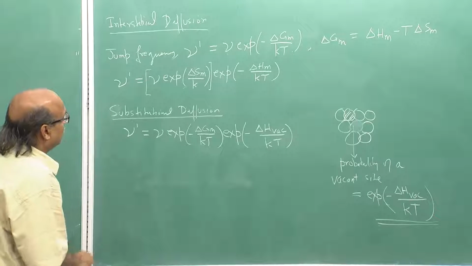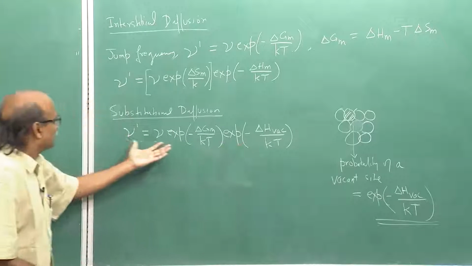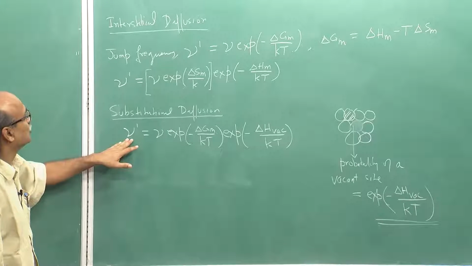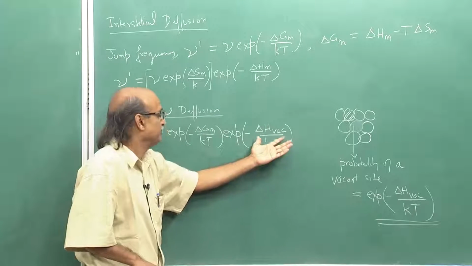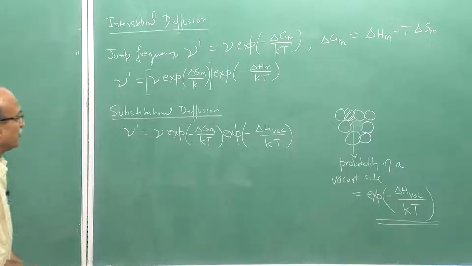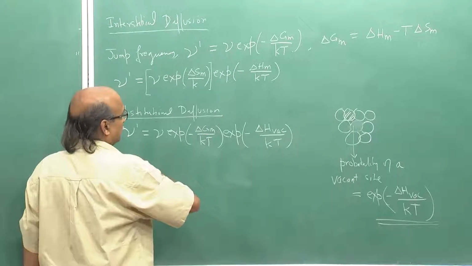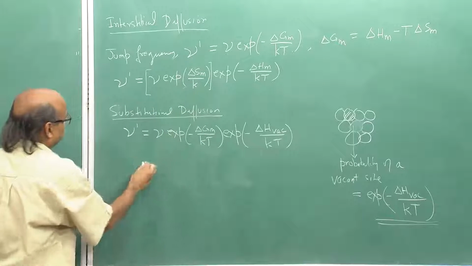So very clearly the substitutional diffusion is going to be more difficult, or the jump frequency is going to be less than in the case of interstitial diffusion, because you have an added term which is the probability of a site being vacant. Now let us substitute for delta Gm in terms of delta Hm and delta Sm as we have done here.